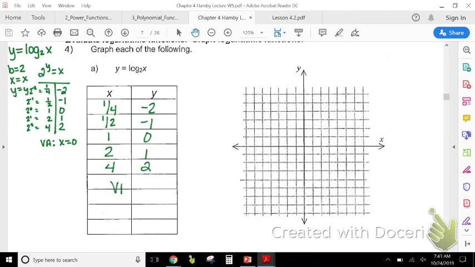And don't forget that vertical asymptote at x equals 0, okay? Alright, so I'm going to draw that vertical asymptote in.